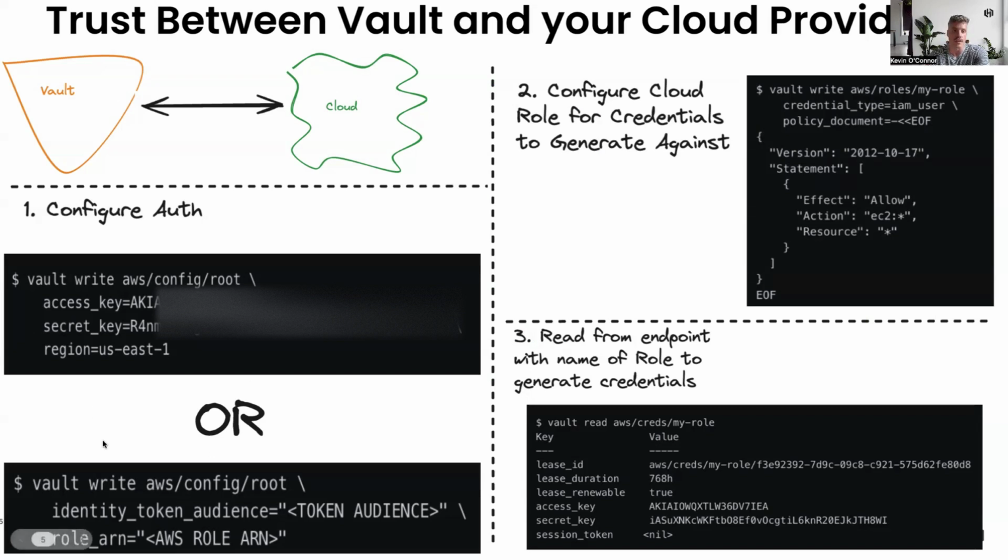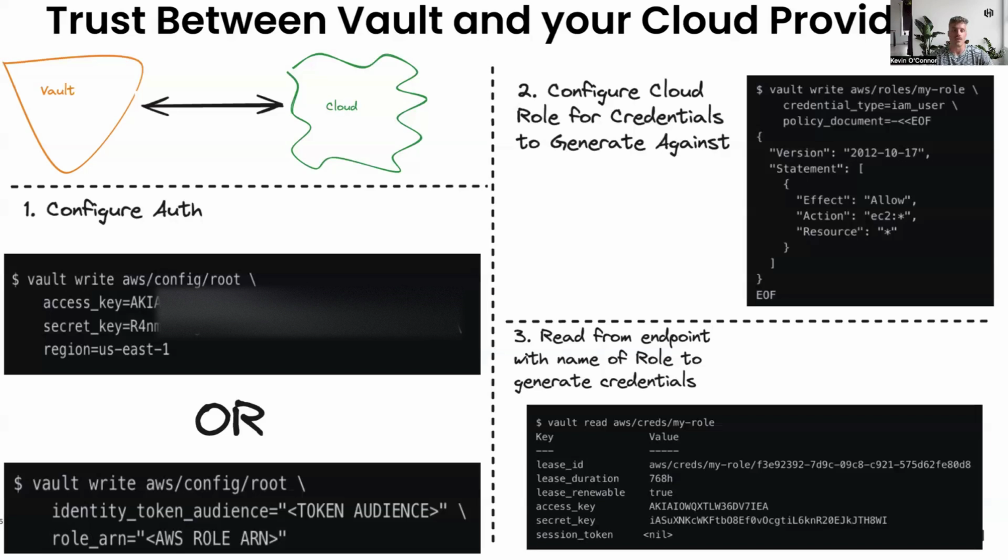But more recently, we've released what we call plugin workload identity federation, which allows Vault to use short-lived credentials as part of this flow. So, for example, for AWS, if you had a trust relationship configured between Vault and AWS through Web Identity Federation, then the secrets engine can exchange its identity token for short-lived STS credentials needed to perform its actions. And the same goes for Azure and Google as well, through workload identity federation.